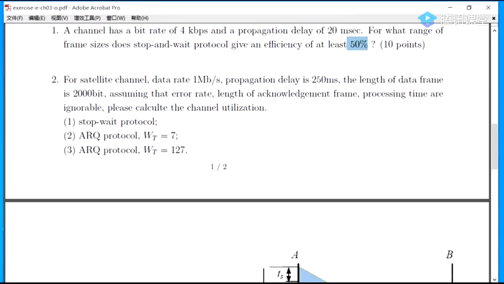Next question says, for a satellite channel, the data rate is 1 Mbps and the propagation delay is 250 milliseconds. The length of the data frame is 2000 bits.